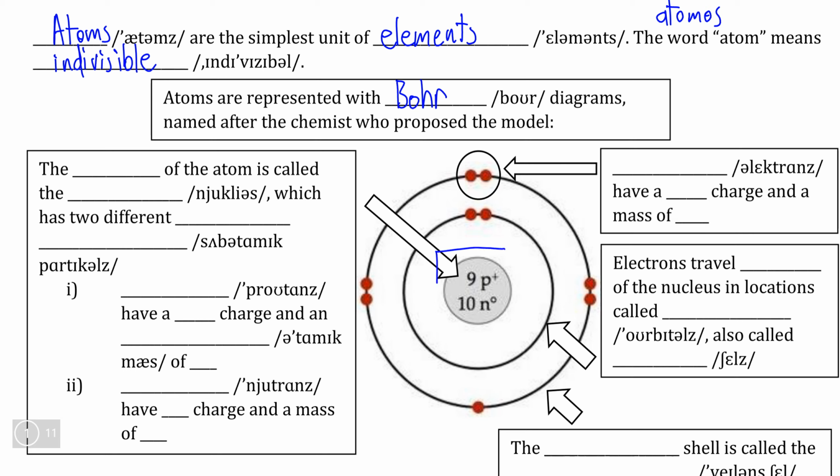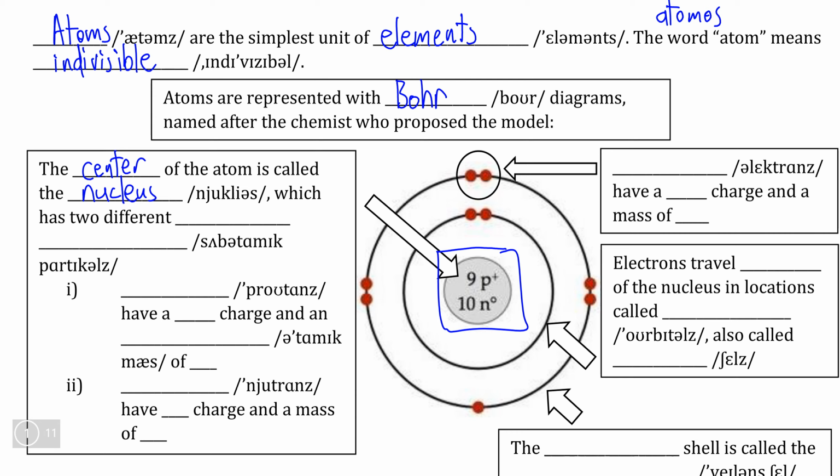So we're going to start by looking at the component that we find in the center of the atom, which is where most of the mass of the atom is contained. This structure is what we call the nucleus. So this is where we get the English words nuclear, as in nuclear bomb or nuclear power, from.